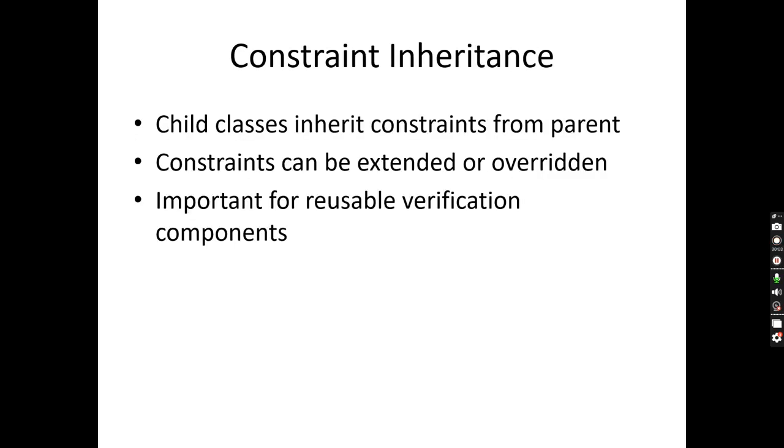Now constraint inheritance. Constraint inheritance is nothing but, in the extended class, if you write any extra constraint, the values can be the common values. Constraint 1 has some range, constraint 2 has some range, and whatever values are common in those constraints can be allotted to the variable you have.